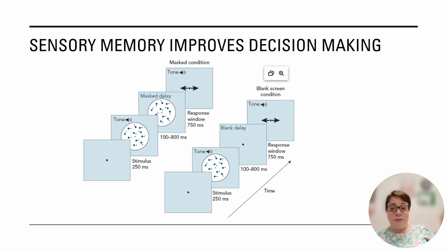So collectively, these results suggest that when real-world decisions must be made based on sensory memory, people will be more accurate if they pause before making a choice.